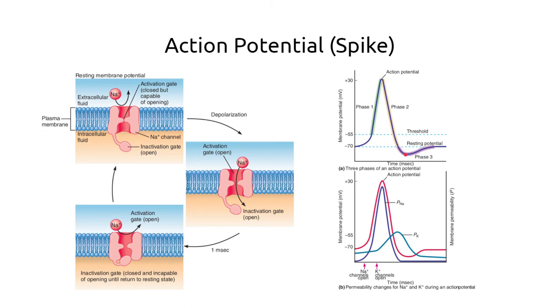Eventually, that whole system is going to get everything back to where it was before. But now we've got to recover everything and get it back to the normal state that it was in before, so that it can fire again. Okay. So that's the general story about where these spikes come from.